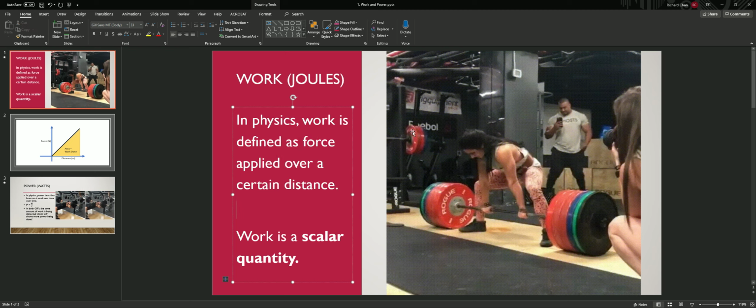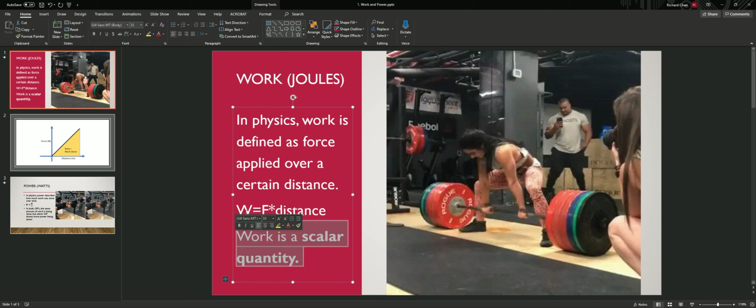And on your reference table, if you look at the final page, you'll see that work is equal to force times distance. I stress that d is distance, because d cannot be displacement, for work at least.